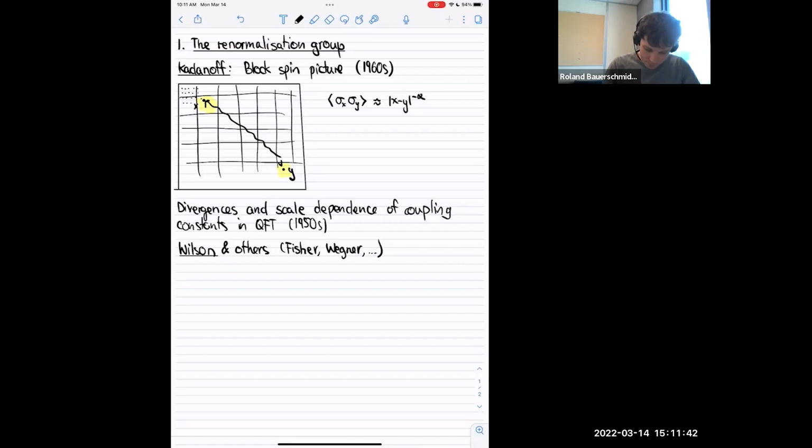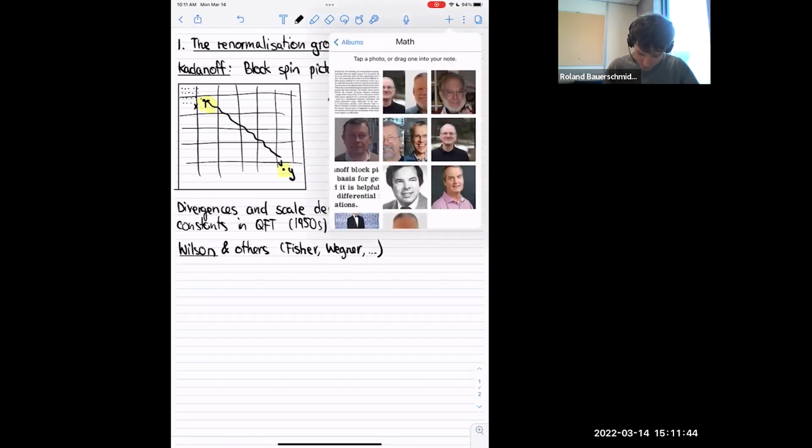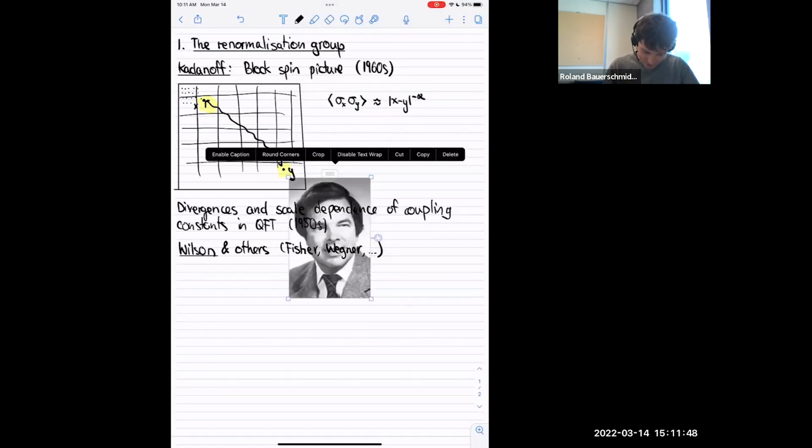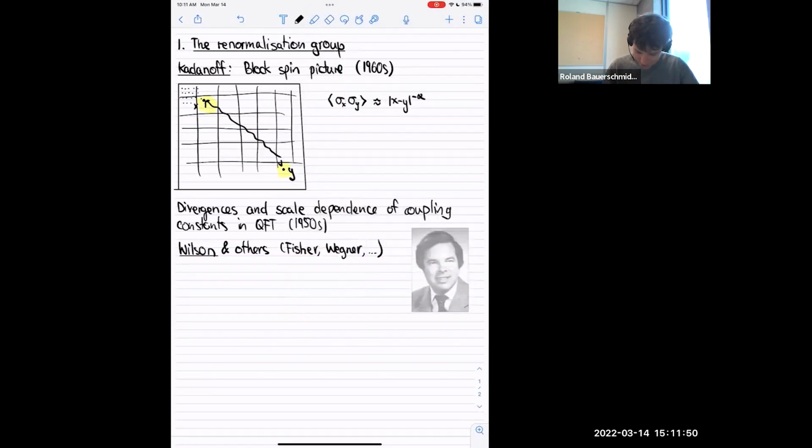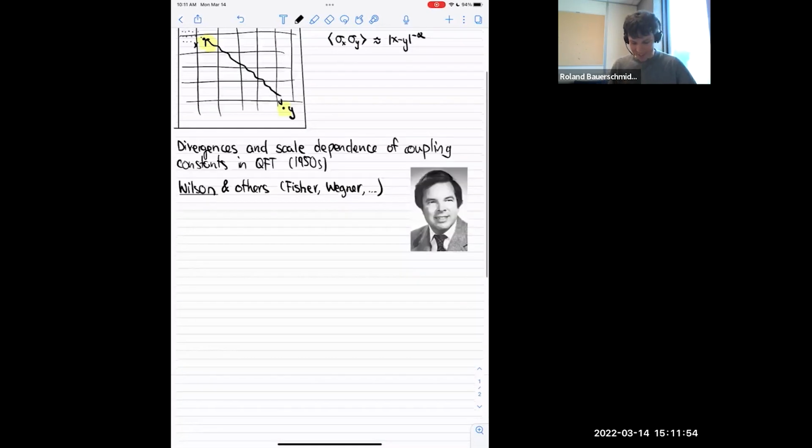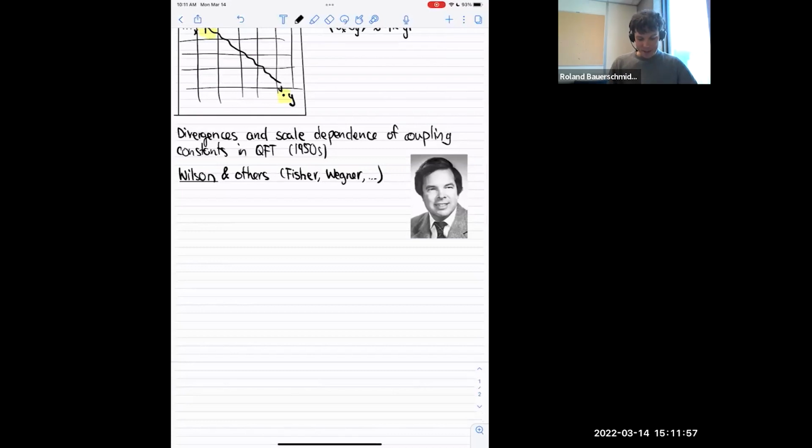And to lighten these lectures a little bit, let me put a picture, I think this is the picture from the Nobel Prize website they used for Wilson when he was awarded the Nobel Prize for these discoveries.